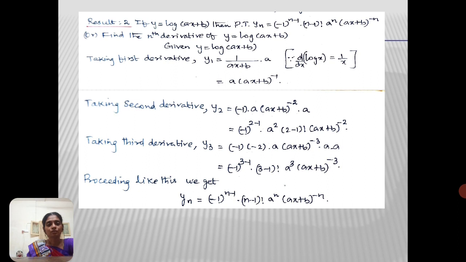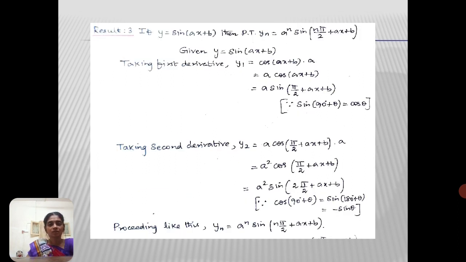Y3 equal to minus 1 minus 2 into a square into ax plus b power minus 3 into a. This can be written as minus 1 power 3 minus 1 3 minus 1 factorial a cube ax plus b power minus 3. Proceeding like this, we get yn equal to minus 1 power n minus 1 factorial into a power n into ax plus b power minus n.